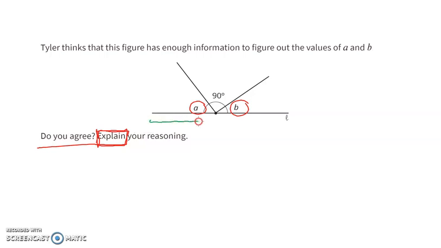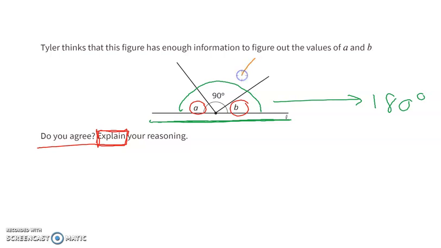Right off the bat, I notice that this angle is a straight angle. Straight angle, straight line, which means that entire angle has to equal 180 degrees. Cool, okay. We also know that that particular angle is 90 degrees.